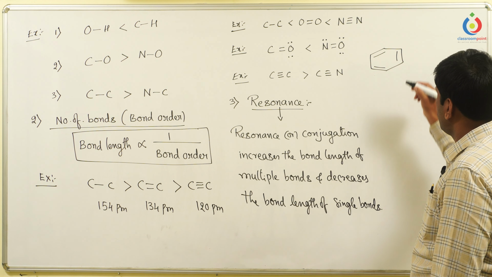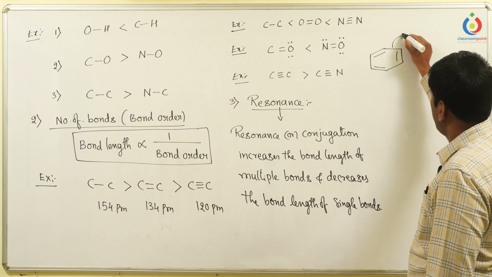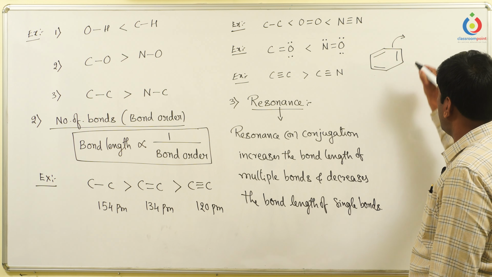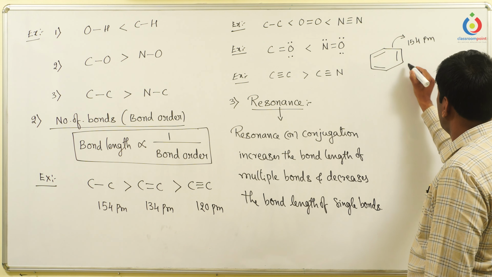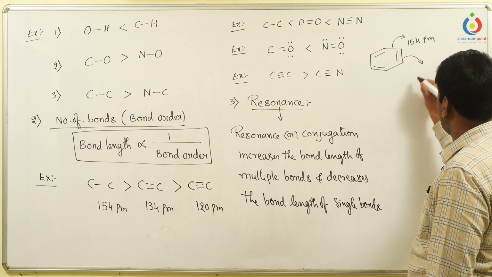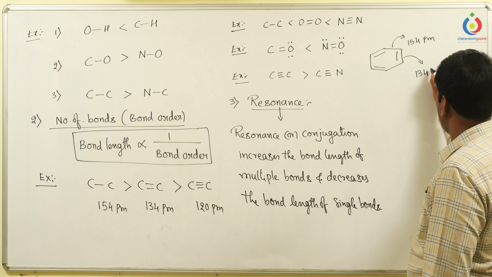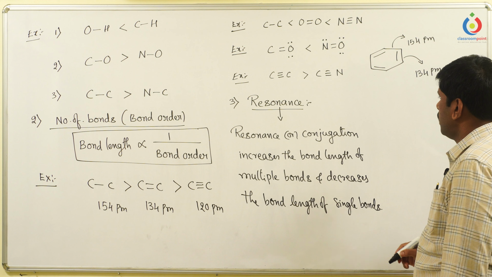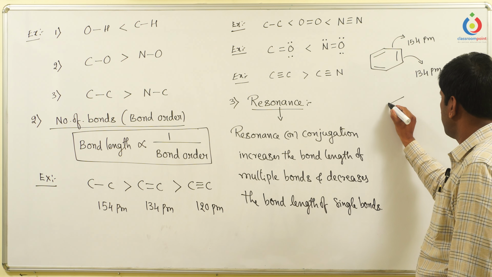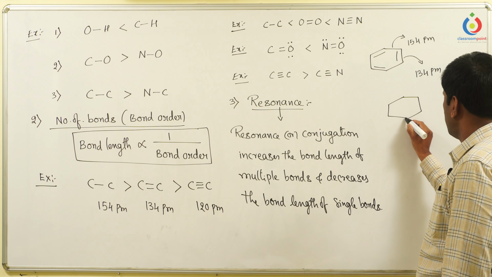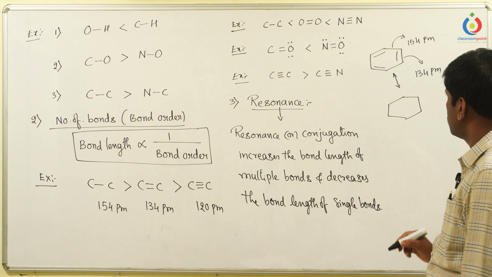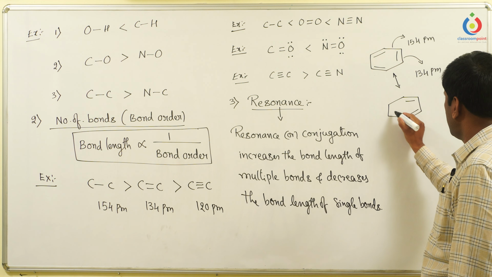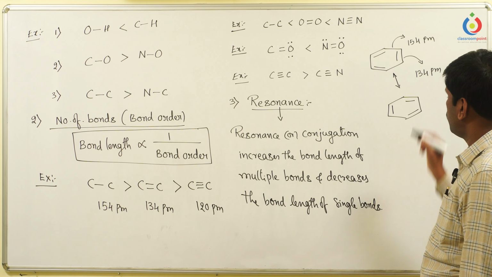in the benzene molecule, the expected bond length of a carbon-carbon single bond is 154 picometers, whereas the expected carbon-carbon double bond length is 134 picometers. But in reality, the benzene molecule has two Kekulé forms in which the bonded electrons keep on rotating throughout the molecule.